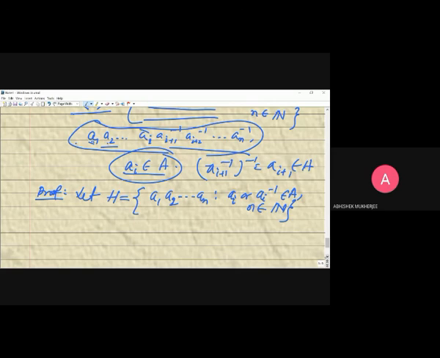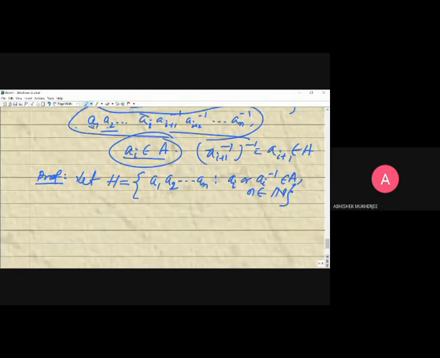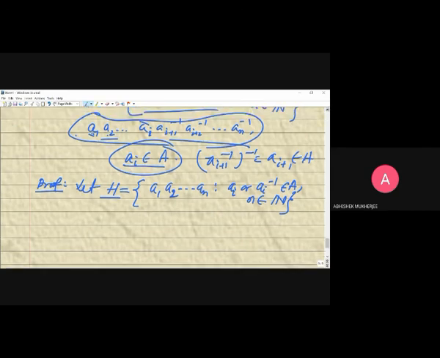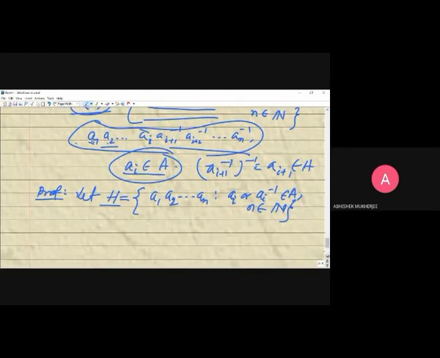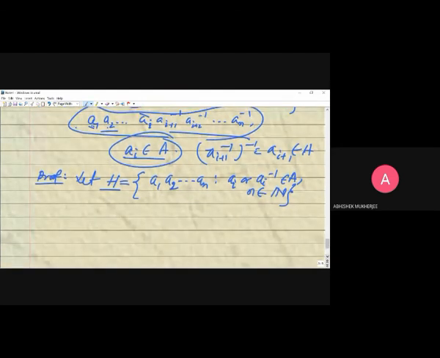Now we want to show that this H coincides with ⟨A⟩, the smallest subgroup generated by A, right? So this is our aim, that this H will coincide with ⟨A⟩.